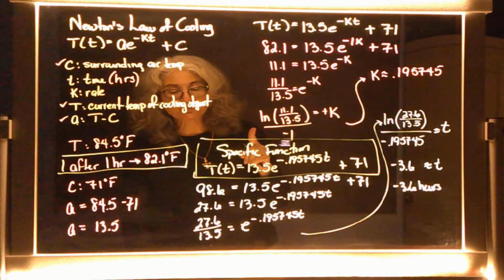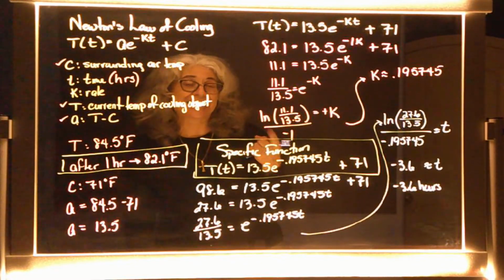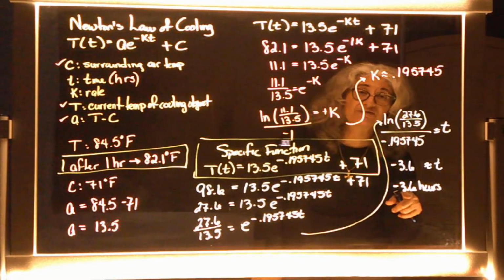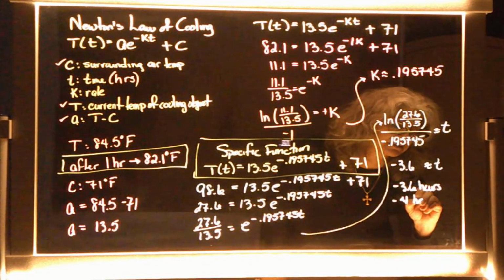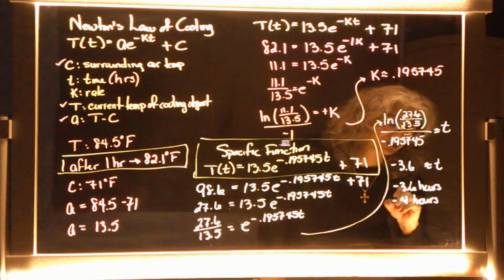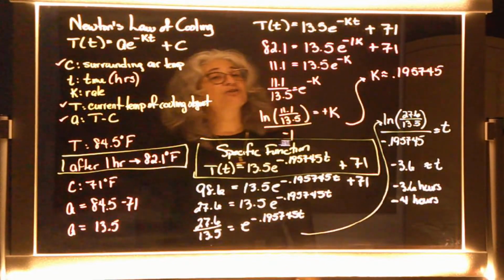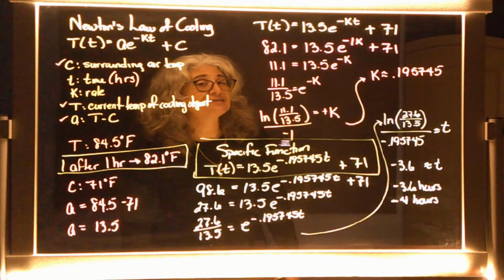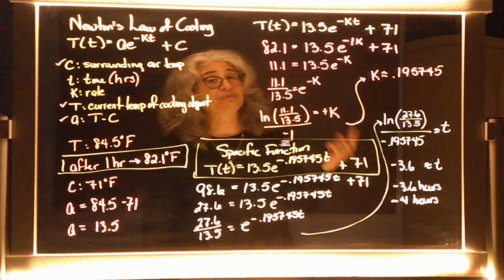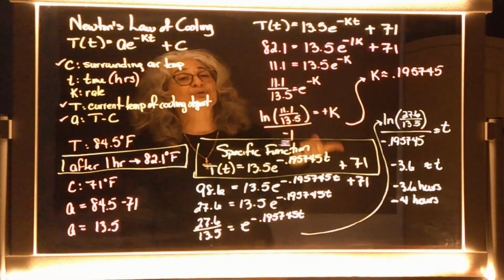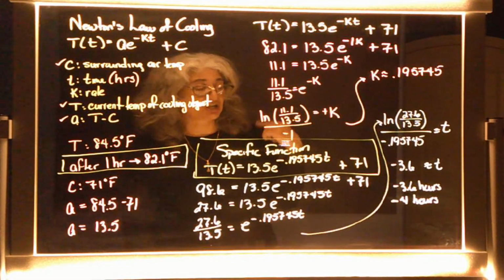They want me to round to the nearest hour. Well, since it's negative 3.6, that would be a negative 4 hours, which tells me the murder happened 4 hours ago, because the negative is telling me it happened in the past. So it happened 4 hours ago.